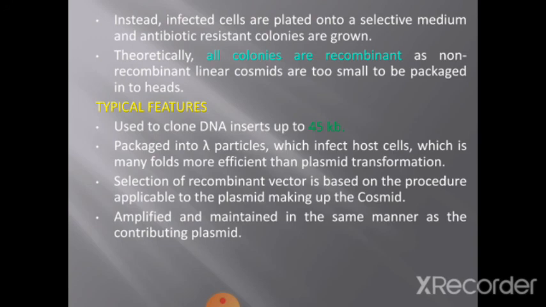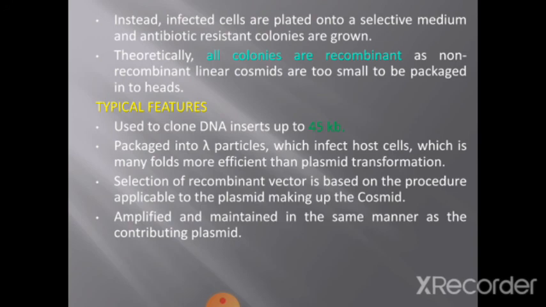Alright. What are the typical features of a cosmid? They are used to clone DNA inserts up to 45 kb. An advantage: earlier, it was 25 kb with lambda phage, and earlier, 15 kb with plasmids, but here, as big as 45 kb DNA inserts can be cloned. Then, packaged into lambda particles, which infect the host cells. It is many folds more efficient than plasmid transformation.